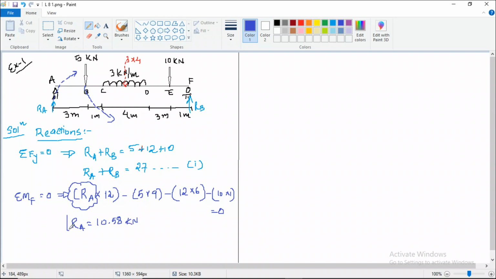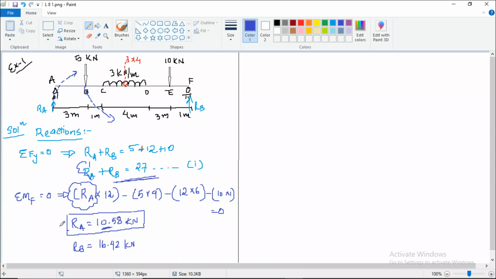So you got your one reaction Ra, 10.58. Now if you put this value in equation number 1, you will get your Rb value as 16.42 kilonewton. Now how is this coming? You put 10.58 in equation number 1, which we already have.